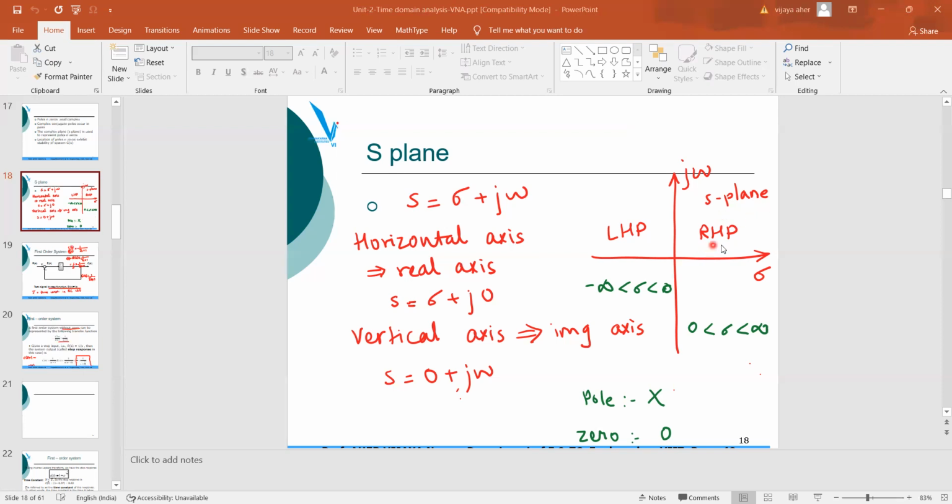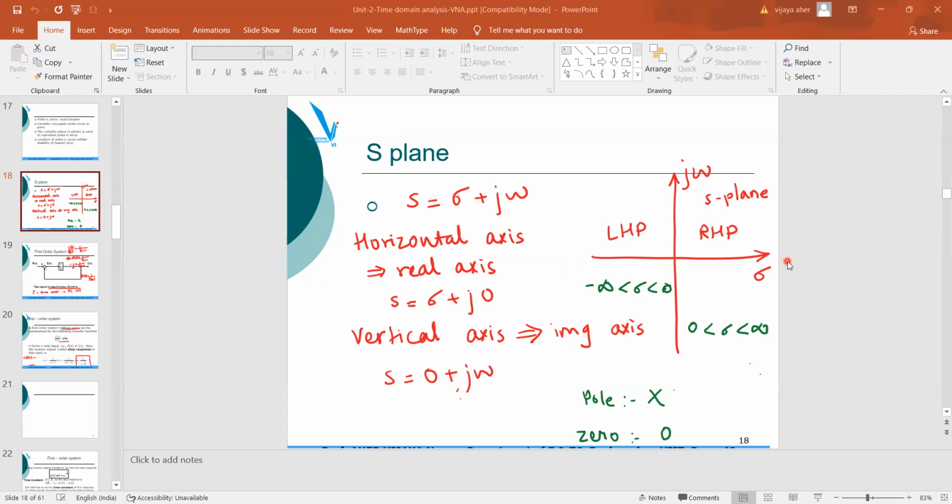So RHP is here, LHP is here, and if your poles are located on left half of S-plane, then only your system is stable. Otherwise, your system is unstable. So remember this. Now, coming to real axis: real axis is varying from 0 to minus infinity on this side, 0 to plus infinity on this side.